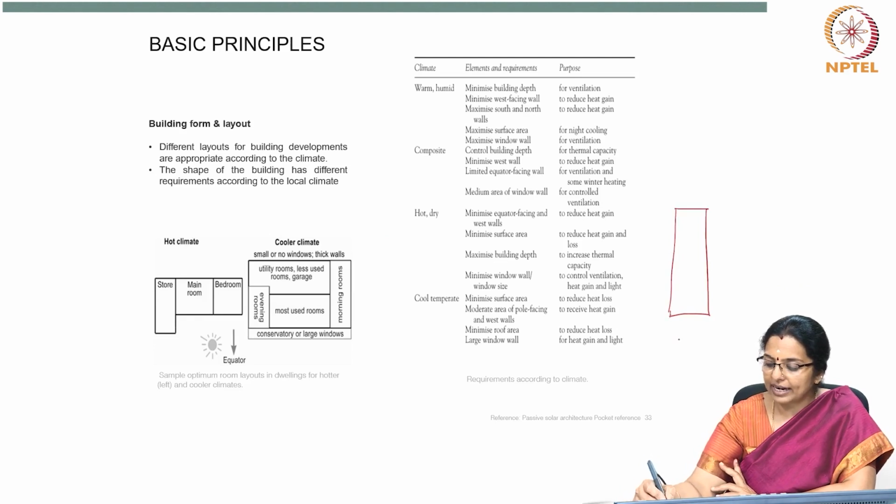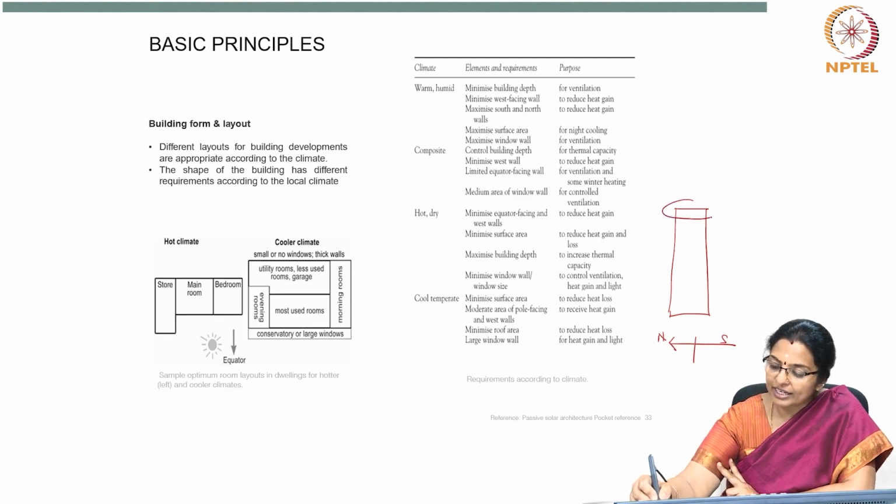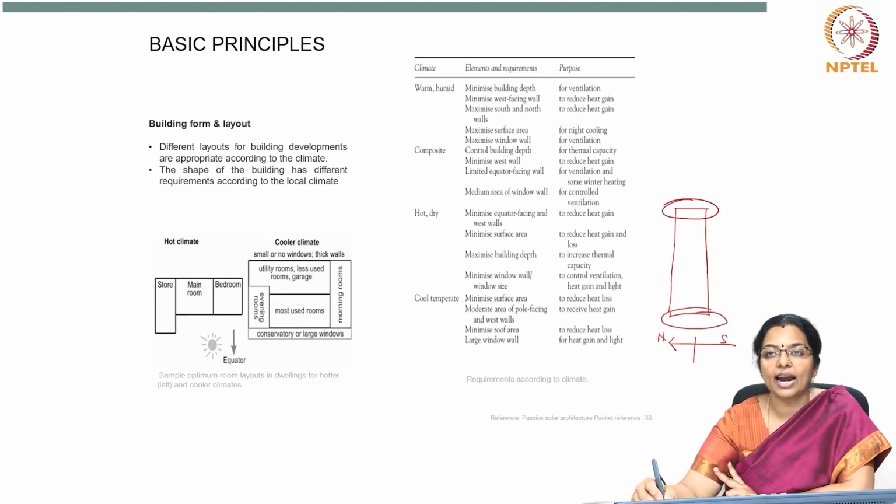So, longer side facing north and south is the best orientation to protect from solar radiation. However, east and west side should be shaded adequately using proper shading device.